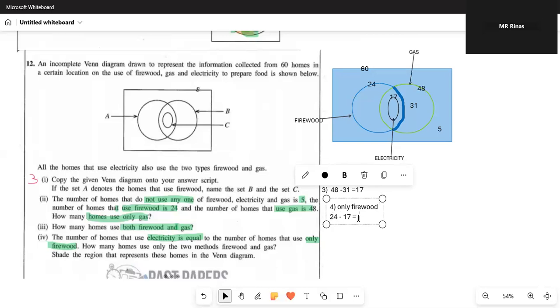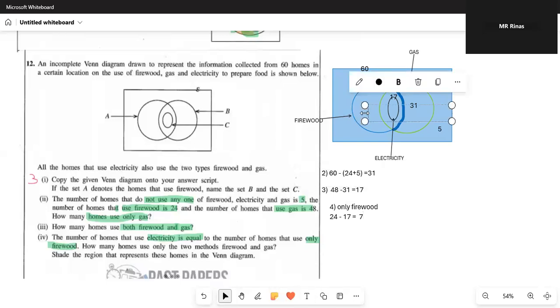So the homes which use only firewood is 7, and this is equal to electricity. So how many people use only electricity? It is 7, right?